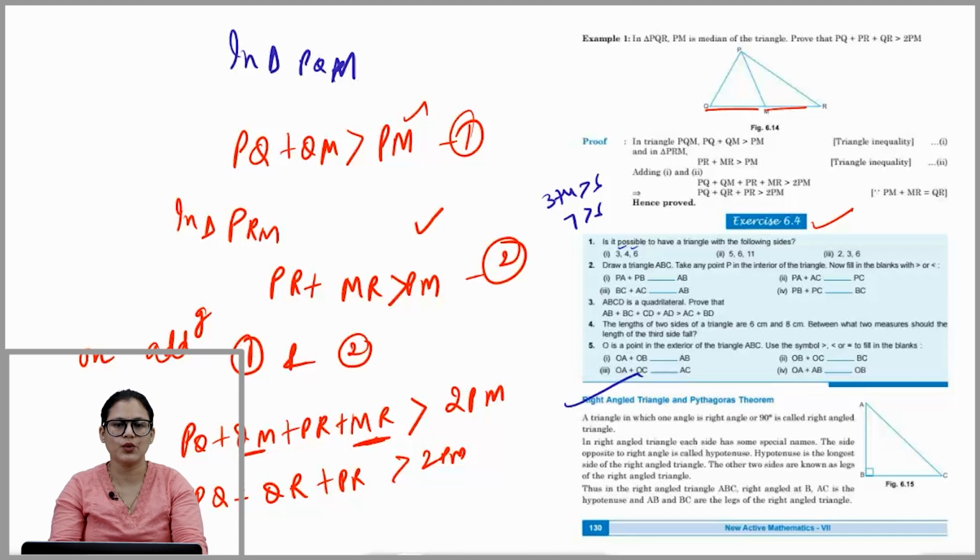The other two sides are known as the legs. Thus, in the right angled triangle ABC, right angled at B, AC is the hypotenuse, and AB and BC are the legs of the right angled triangle.